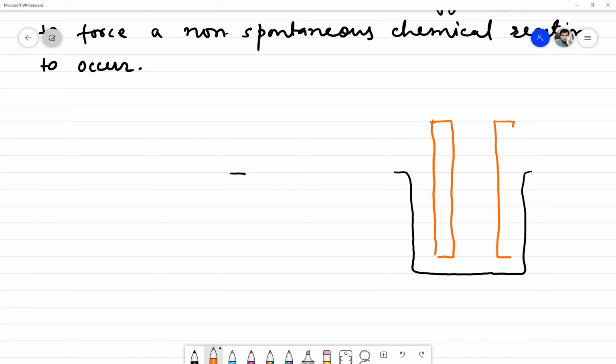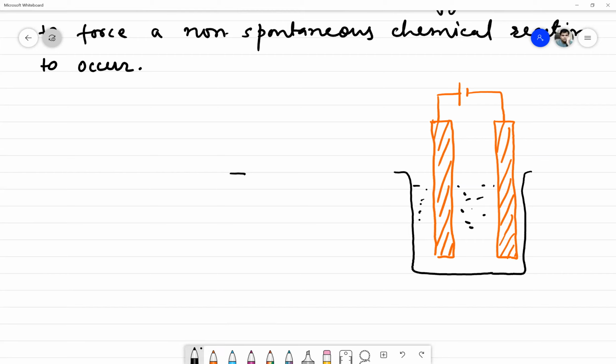So these are two electrodes and these electrodes are connected to the external battery. Okay, so here we are using the electrical energy from the external source. All right, so these two electrodes are dipped in the electrolytic solution.